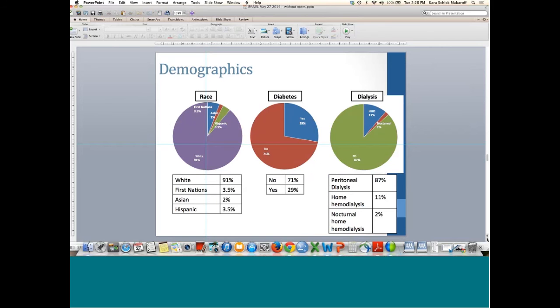And because this was Vancouver Island, there wasn't a lot of ethnic diversity, with 91% identifying as Caucasian. 71% did not have diabetes, and 87% were on a specific type of dialysis called peritoneal dialysis, and that's in the green pie chart there, identified as PD.